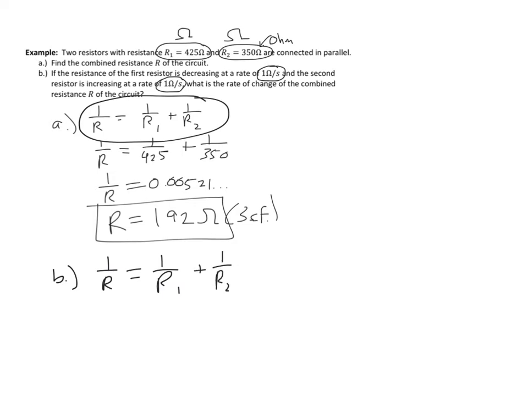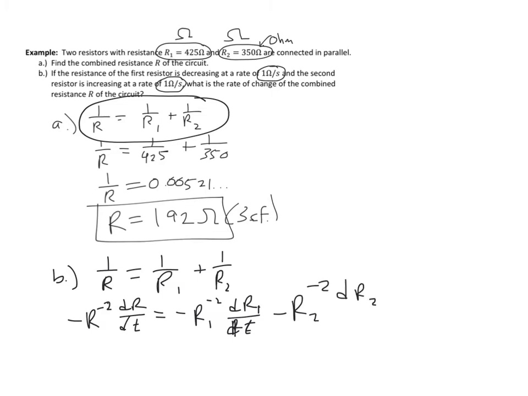And then I'm going to do the derivative. I'm going to take the derivative of this with respect to t, just like we did in the previous slide. That was negative R to the negative 2 dR/dt equals negative R1 to the negative 2 dR1/dt, minus R2 to the negative 2 dR2/dt.